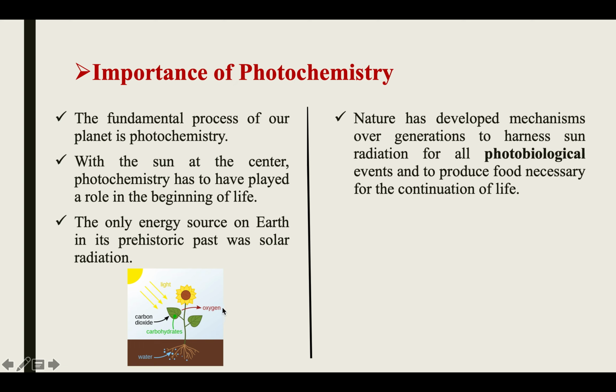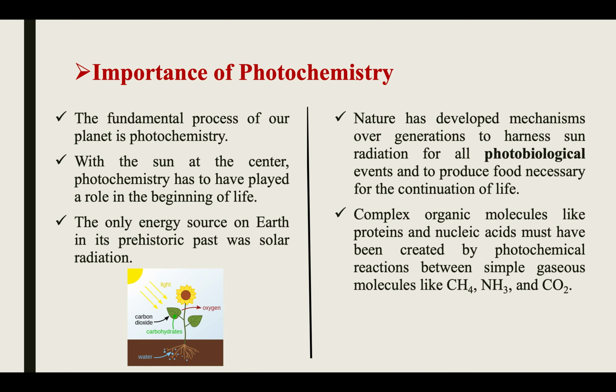glucose and oxygen. Complex organic molecules like proteins and nucleic acids must have been created by photochemical reactions between simple gaseous molecules like methane, ammonia and carbon dioxide. If these three get combined, then you can synthesize any kind of protein and nucleic acid.